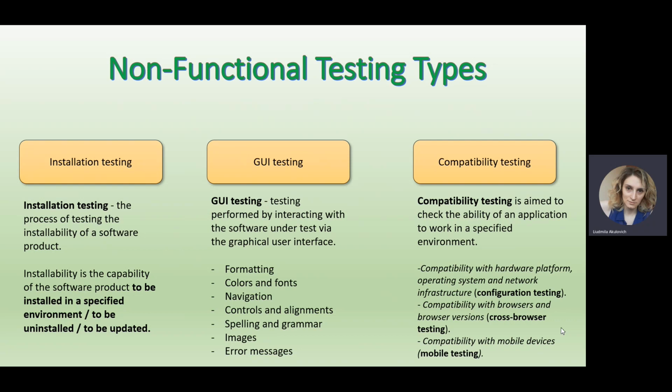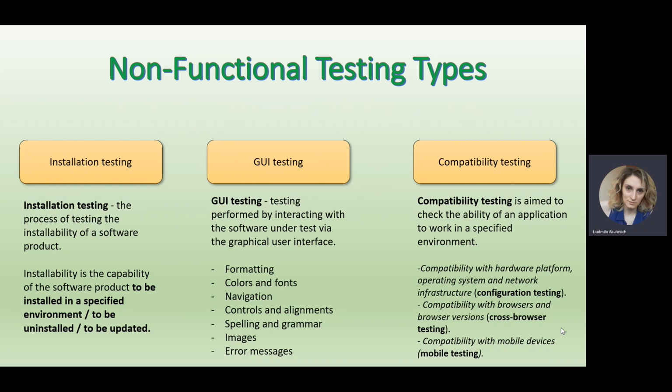I suppose that the first reaction when you hear about non-functional testing types will be the idea of checking the user interface, the graphical user interface. That's GUI testing. Testing performed by interacting with the graphical user interface.